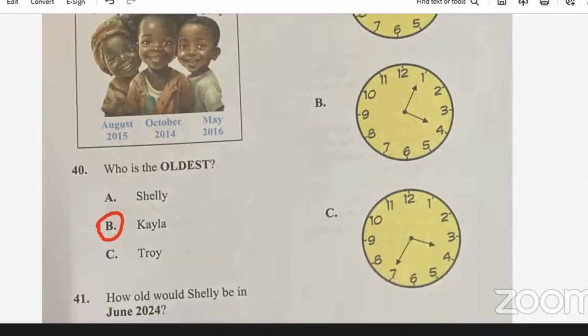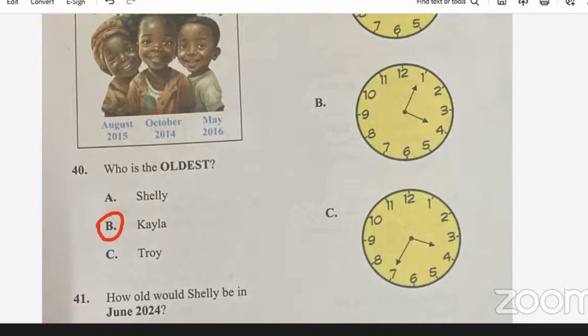Sorry, let's start again. August 2016 would have made her 1. Then 2017, 2018, 2019, 2020, 2021, 2022, 2023. In 2023 she would have been 8.